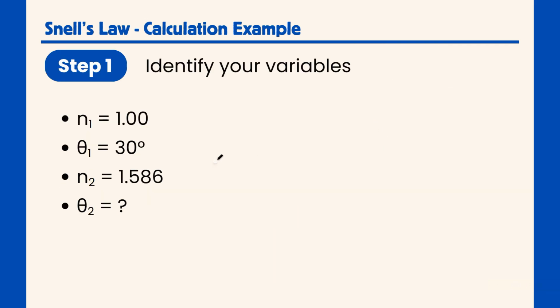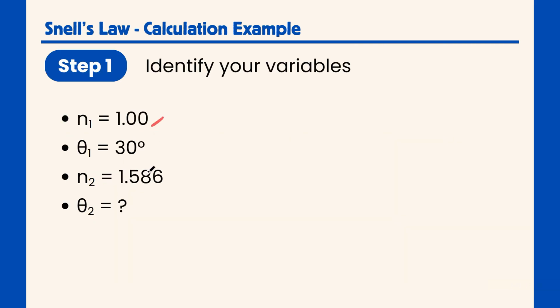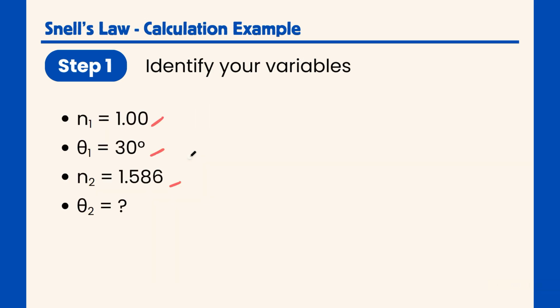Step 1, you identify your variables. Our n1 in this example is air, which is 1. Our angle of incidence is 30 degrees and our n2 is 1.586. Step 2, you set up the equation. Simply put in the values you just identified.